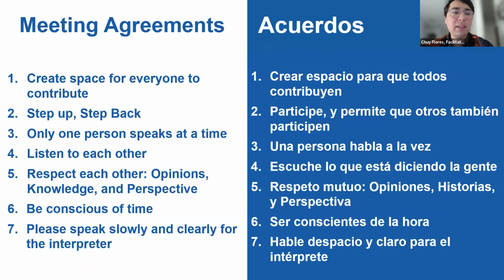And then just to remind everybody, we do have a few meeting agreements that we like to remind folks about. We would like to remind folks to please create space for everyone to contribute in our meetings. Step up if you haven't had a chance to ask a question or provide comment, and step back if you find yourself having provided comment already.